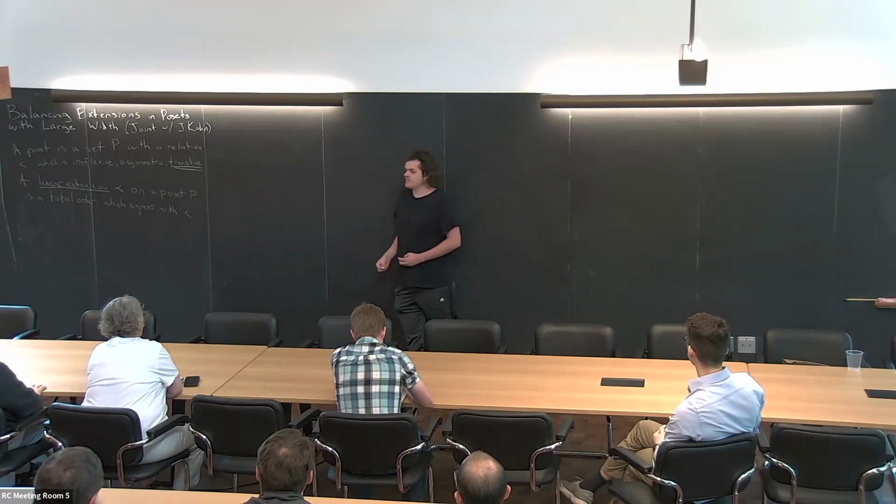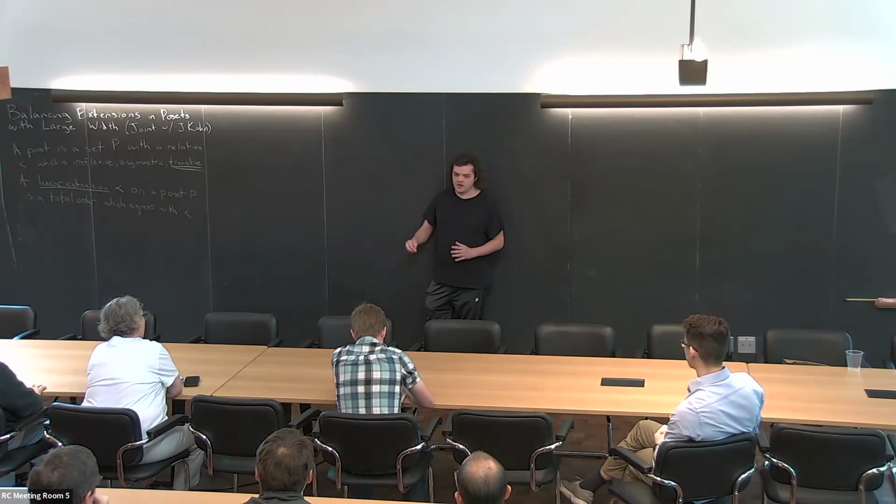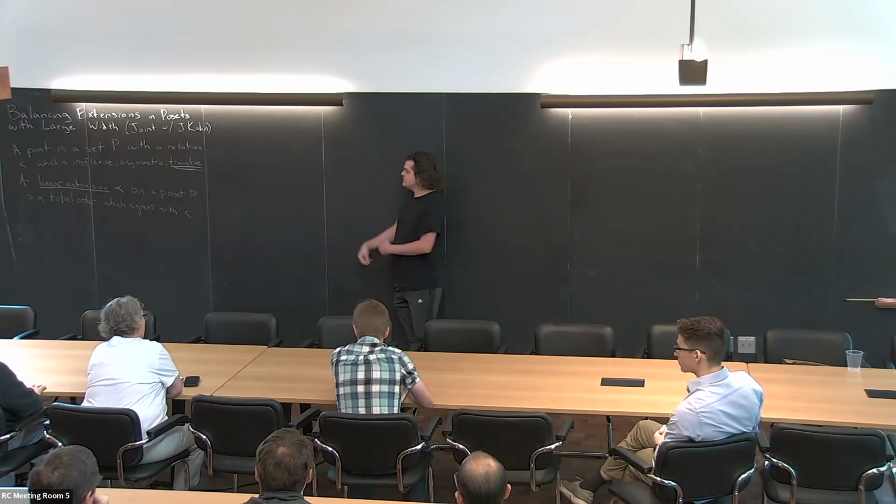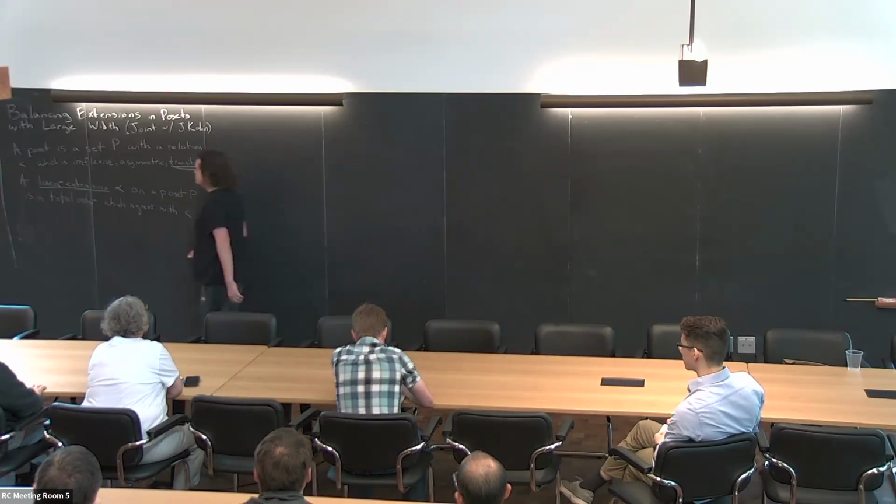You can think of this as having part of a total order, not the whole total order, and your extension is one of the possible completions of that total order.